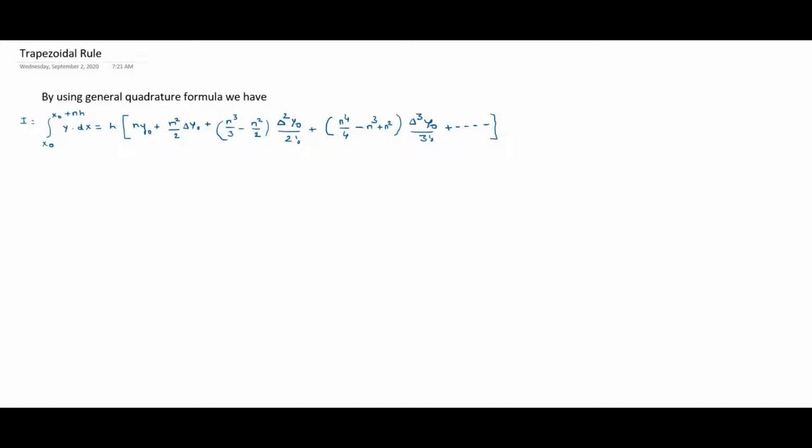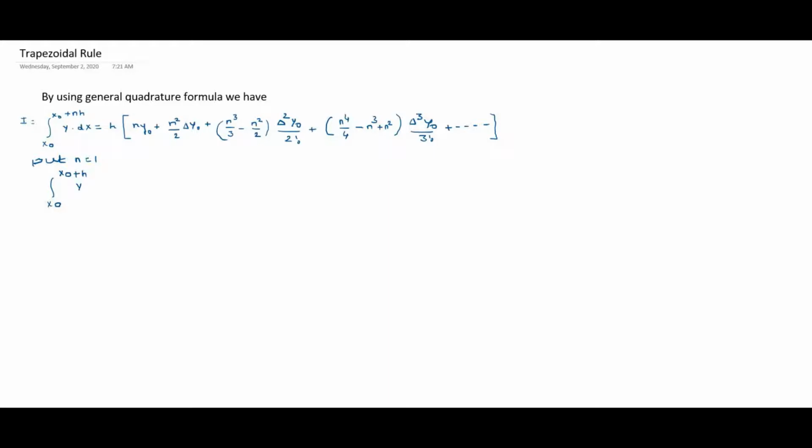Now to prove trapezoidal rule, we just have to put n is equal to 1, and if we substitute n is equal to 1, we get integration of x naught to x naught plus h, because the value of n is equal to 1.